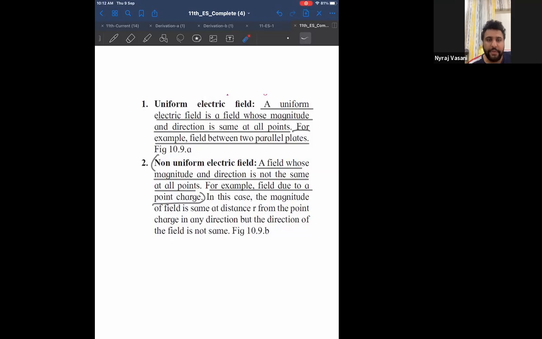Therefore, in your notebook, write down the side heading electric field.